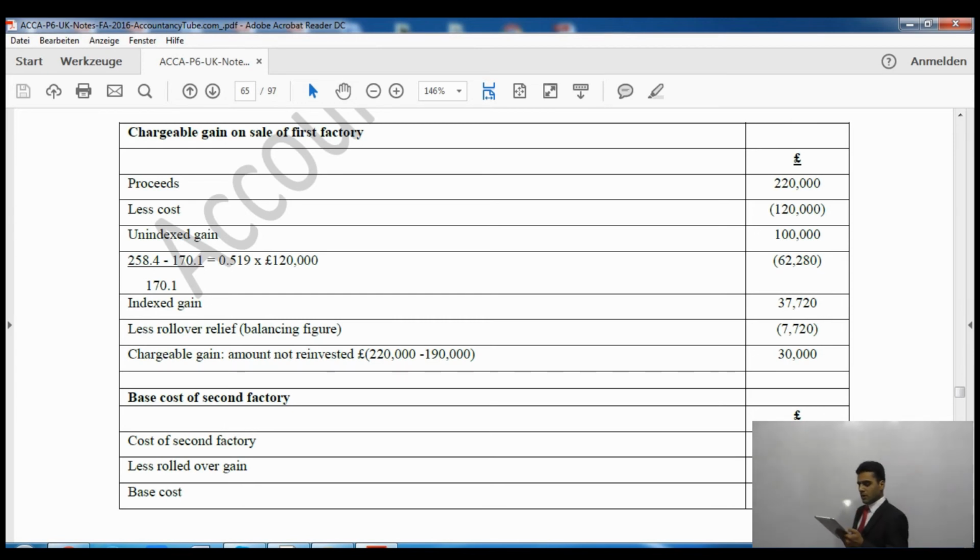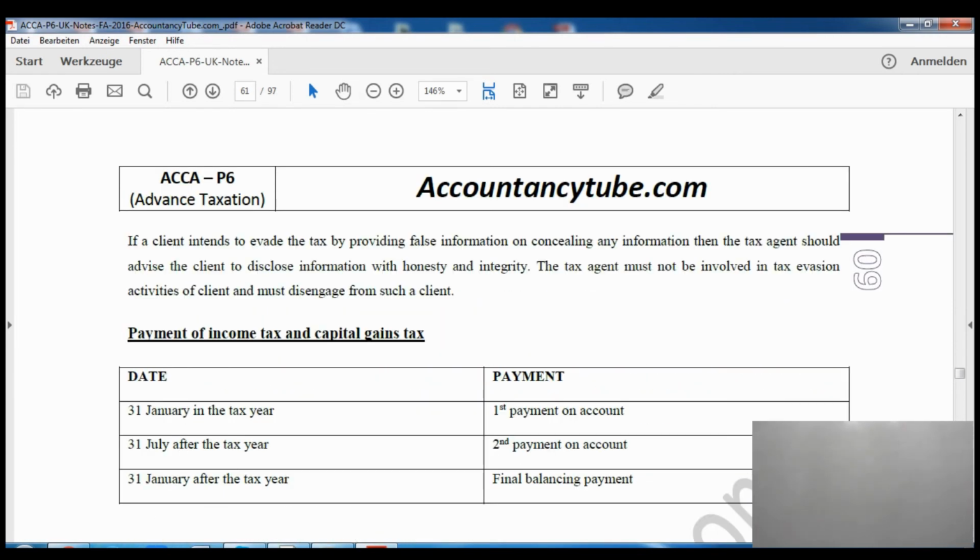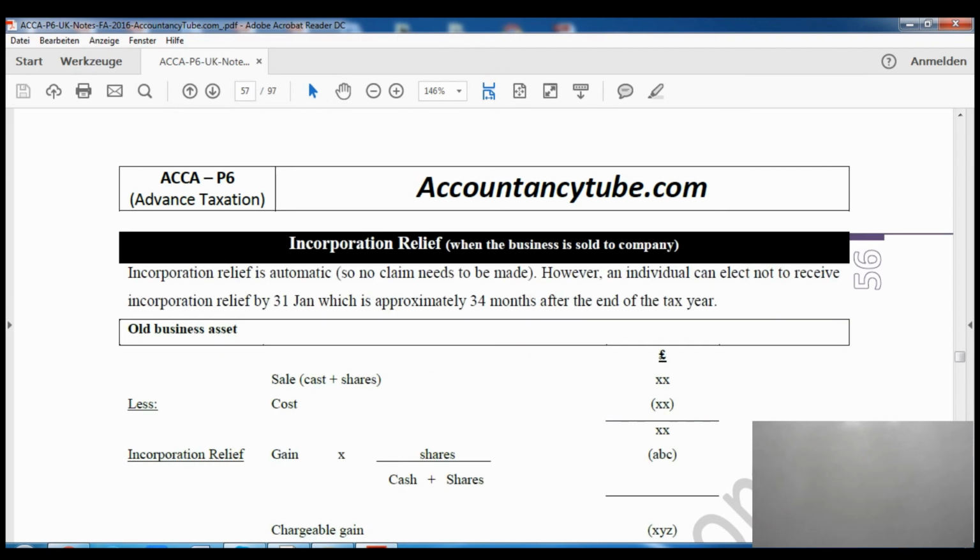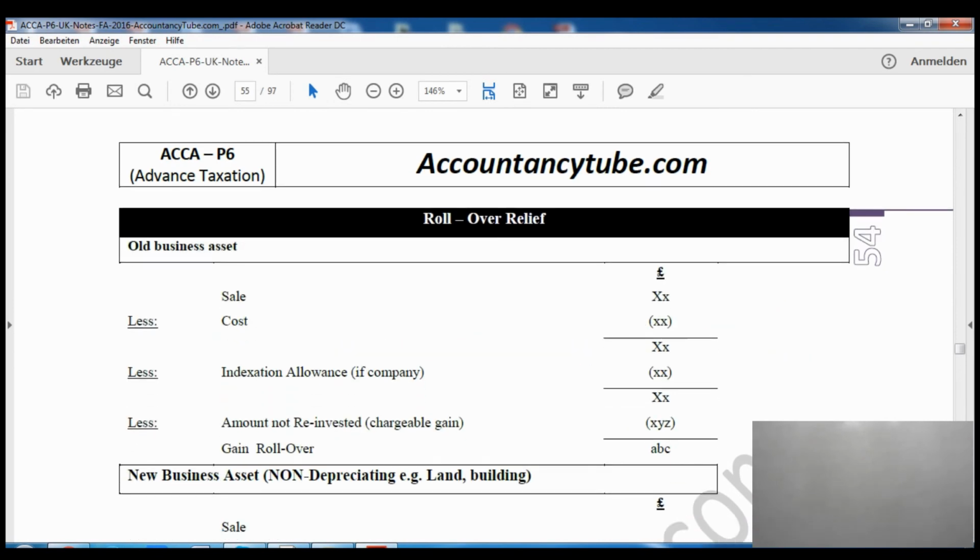This cost will be reduced by the rollover relief we calculated earlier, the balancing figure of 7,720. So the base cost is going to be £182,280, which will be deducted when we sell the new factory. When cost is reduced, the gain is going to be higher, so we'll have to pay more tax.